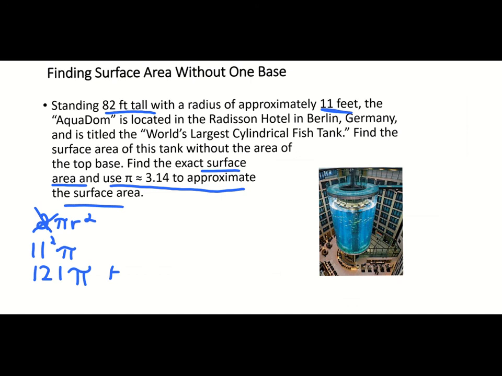That is going to be the circumference, so 2 times pi times radius times the height. We have 2 times pi times the radius of 11 times 82, which is the height. If I do 2 times 11 times 82, I end up with 1,804 pi.